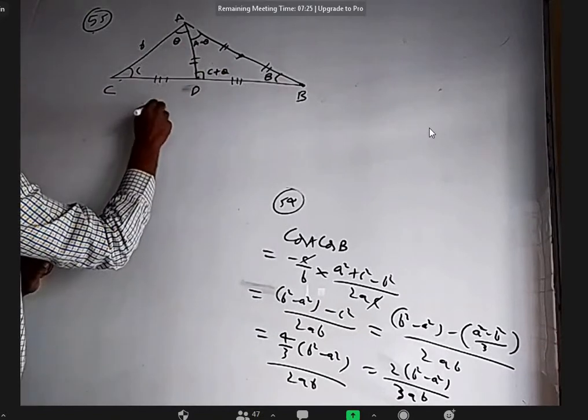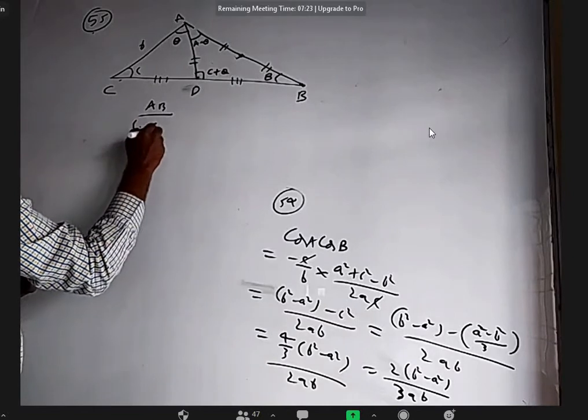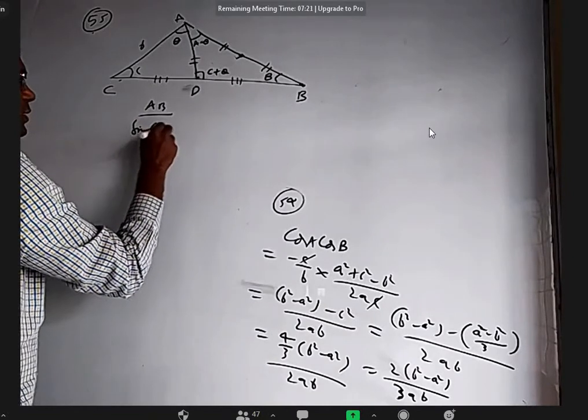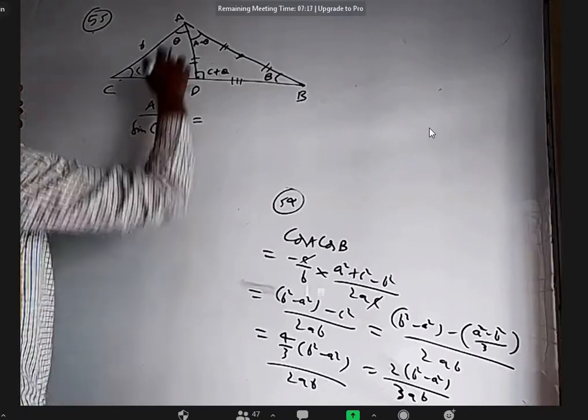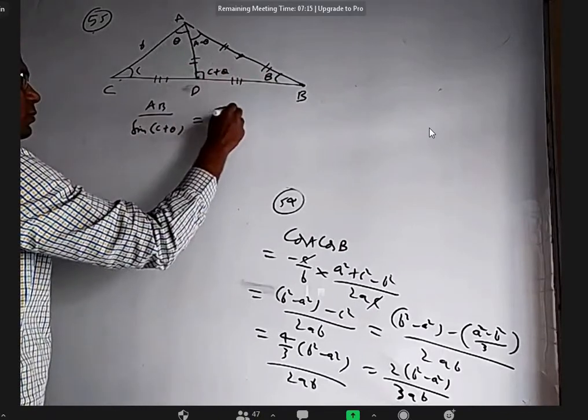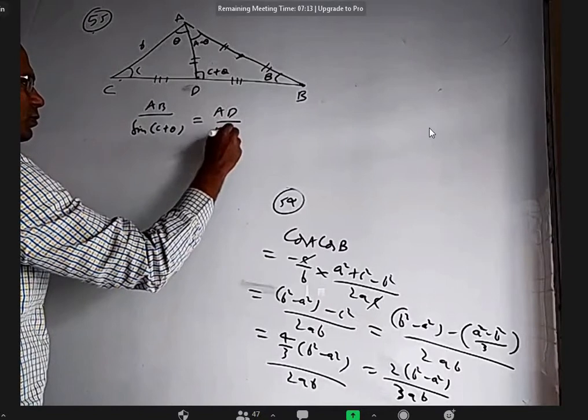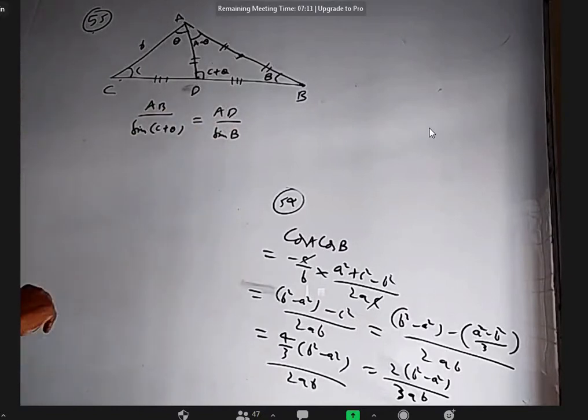So AB by sine of C plus theta is equal to AD by sine B. And somewhere we have to use AD as a median, of course. Otherwise, I'm not using the complete data.